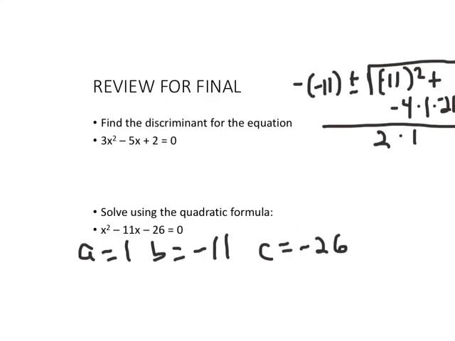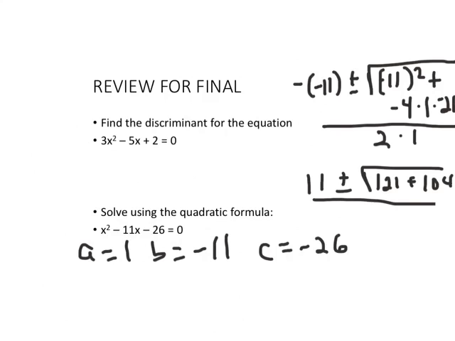I know that's a little bit messy, but it says negative b, which is going to end up being a positive 11, plus or minus the square root of 11 squared, which is going to be 121, plus negative 4ac is negative 4 times 1 times negative 26. Which negative 4 times a negative 26 is going to be a positive 104. And that's going to be all over 2.